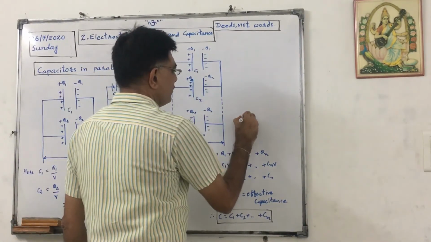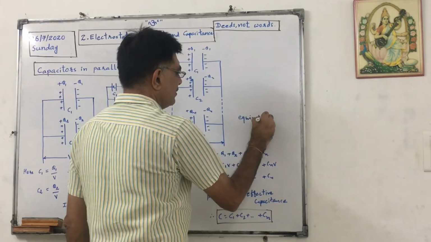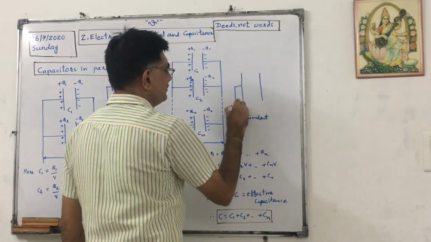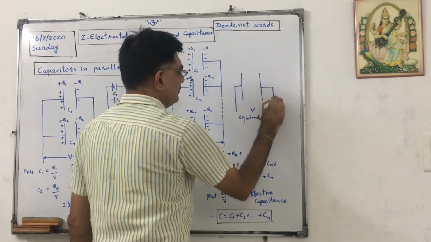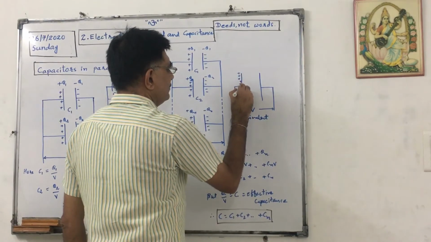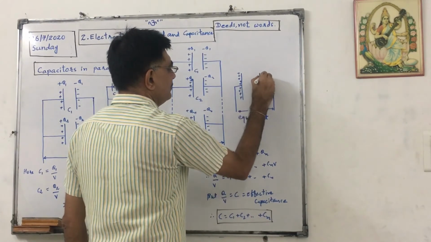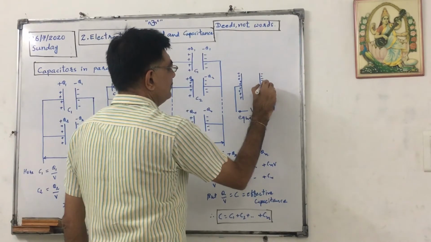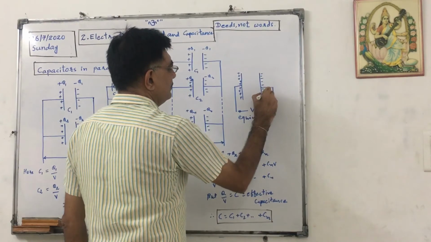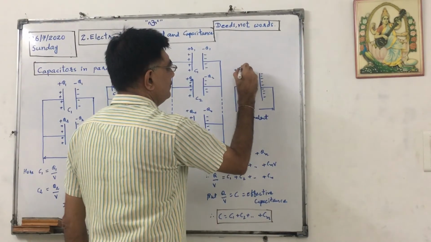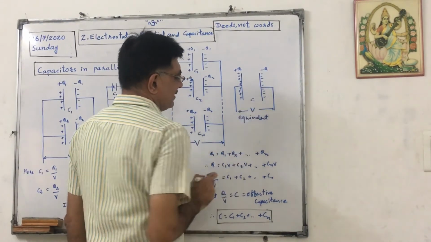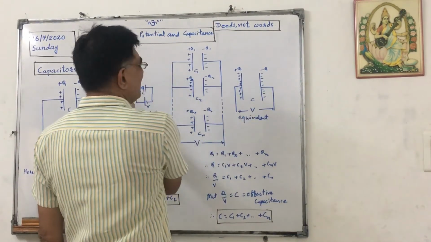If we want to draw the equivalent, we can draw it like this. The capacitance will be the same. The circuit we can also draw like this.